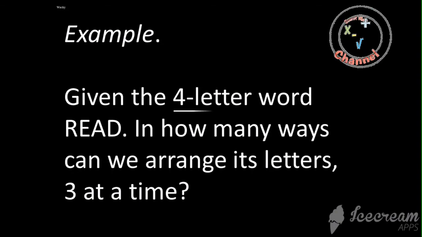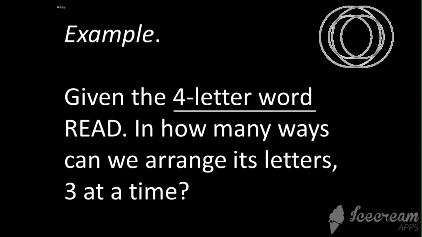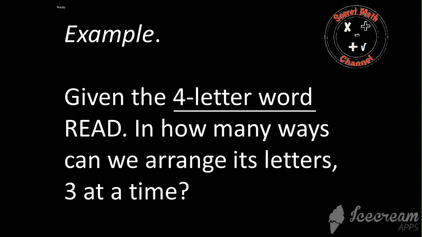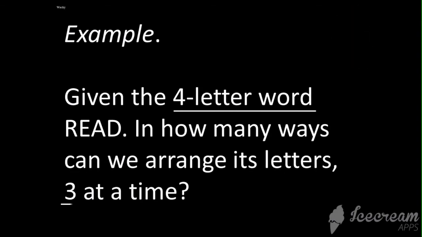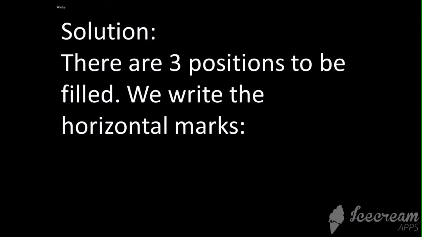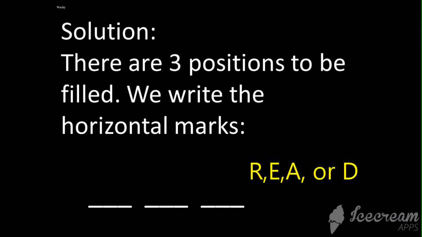Example: given the 4-letter word READ, in how many ways can we arrange its letters 3 at a time? Solution: there are 3 positions to be filled. We write the horizontal marks. So in the first position, there are 4 letters to choose from. And for the second position, 3 letters.